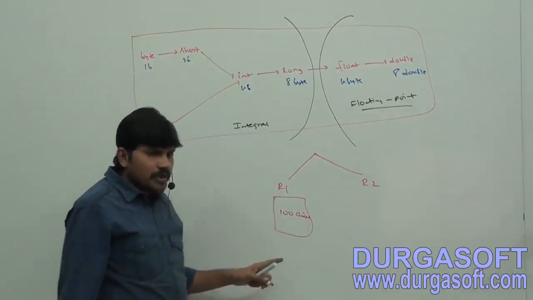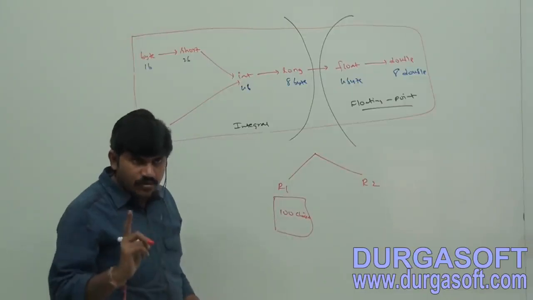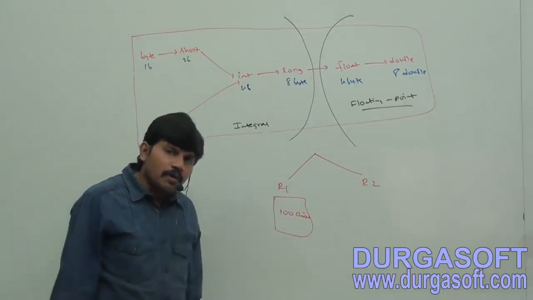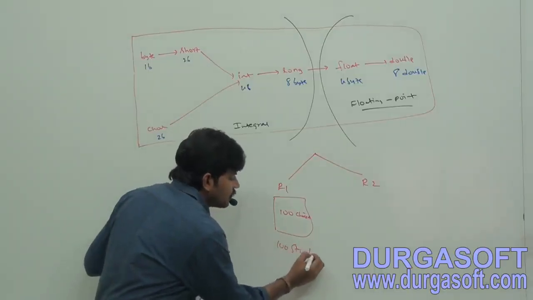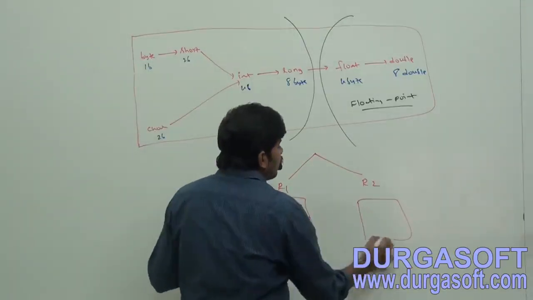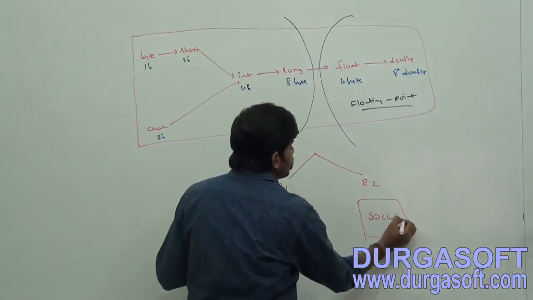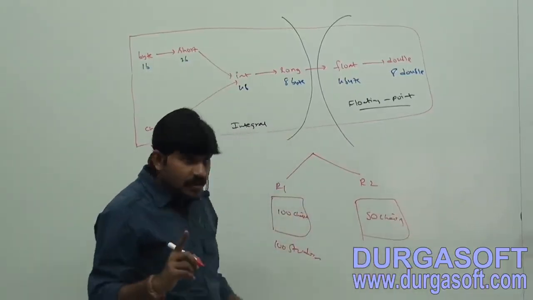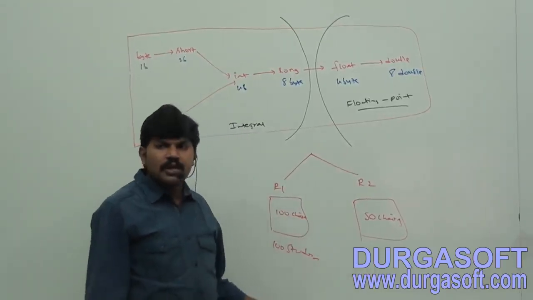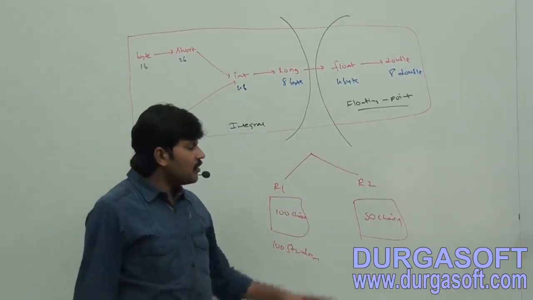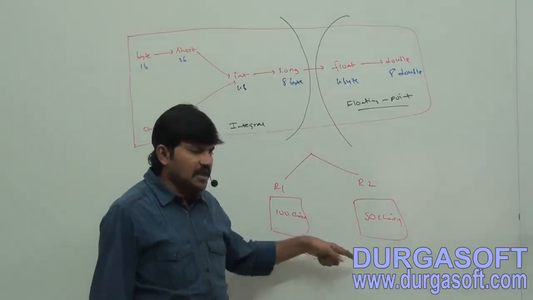Then how many students can sit? 100 students can sit. But in the second room, only 50 chairs are there, but in every chair two members are allowed to sit. No problem at all, because they are big chairs, so two members can sit in a chair.